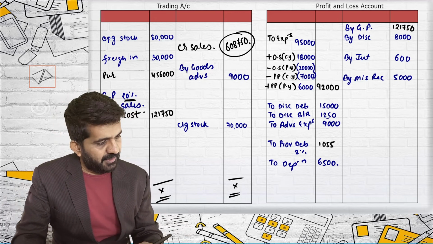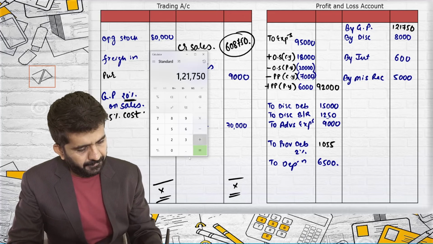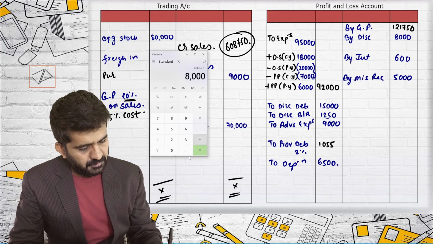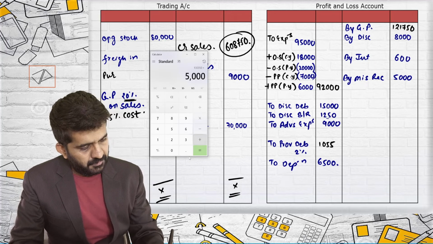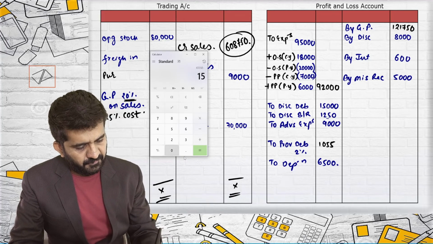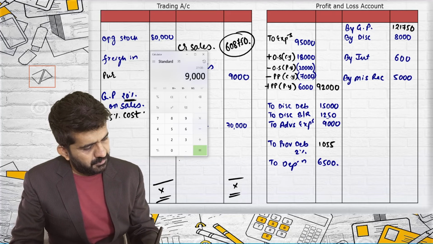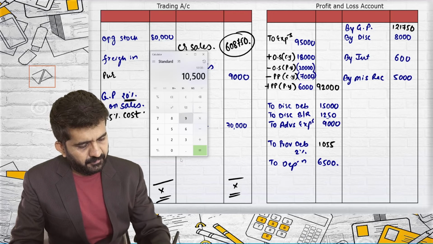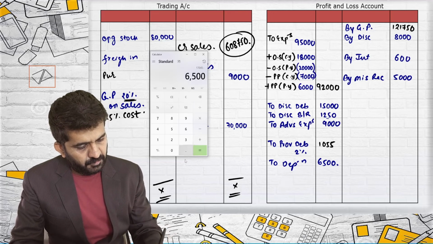Let us find out our NP. 121,750 plus 8,000 plus 600 plus 5,000 minus 92,000 minus 15,000 minus 1250 minus 9,000 minus 1055 minus 6,500.